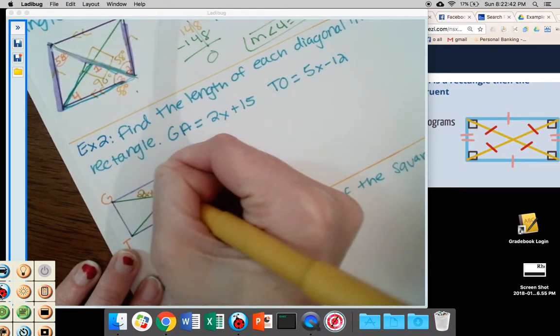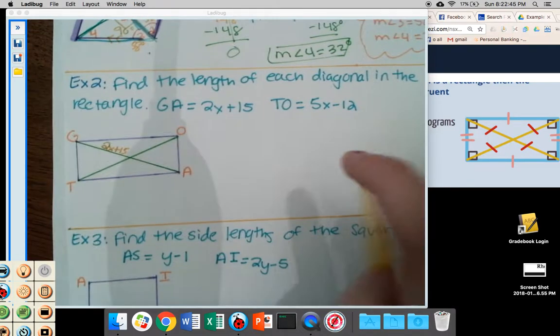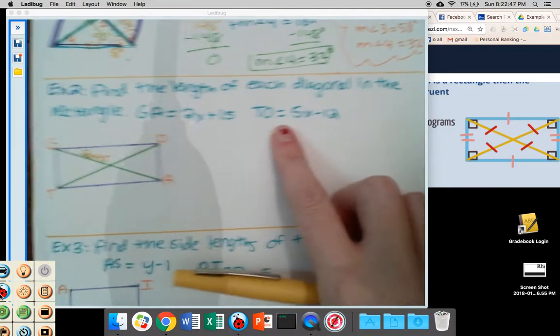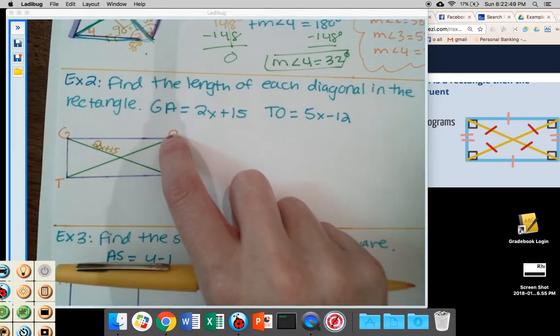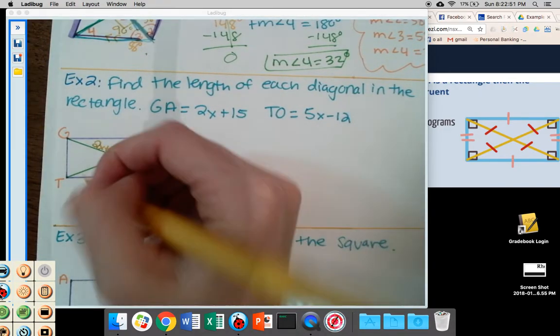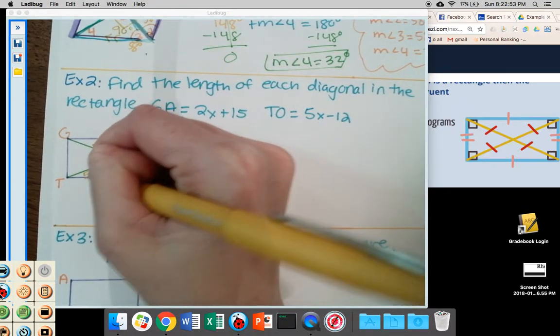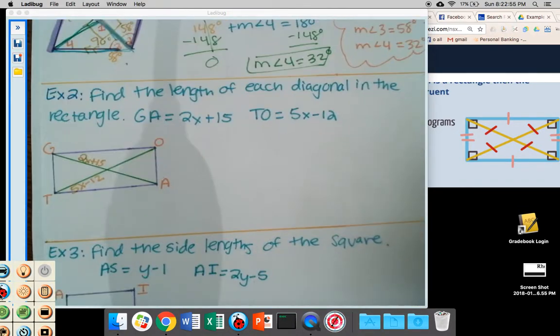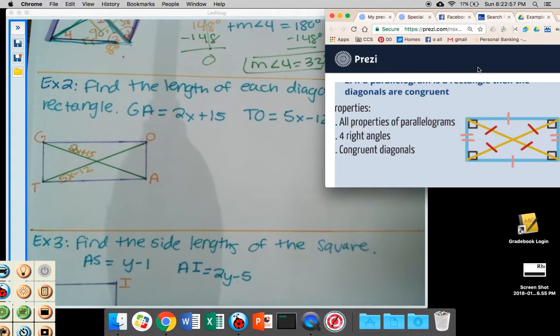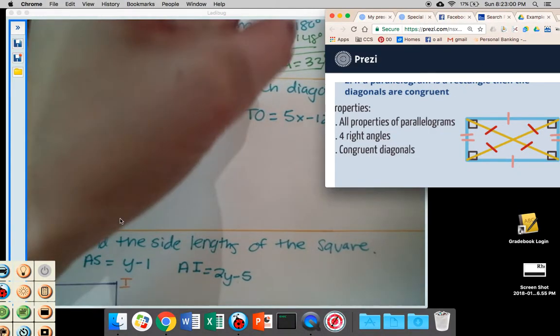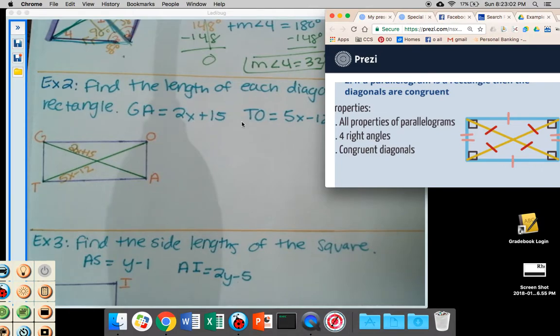And it also says that segment TO equals 5x minus 12, so I'm going to write that right here. Eventually we want to find GA and TO.